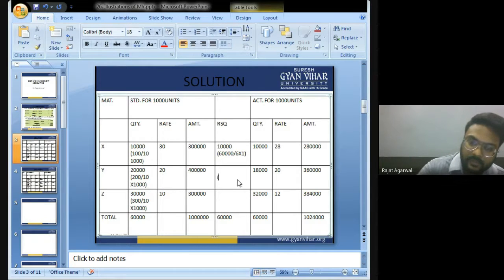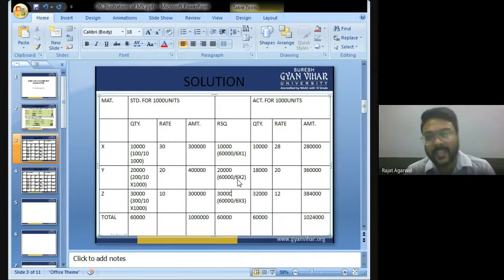Then 60,000 divided by 6 into 2, 20,000. Then 60,000 divided by 6 into 3, 30,000. So, bachcho, now our table is complete.